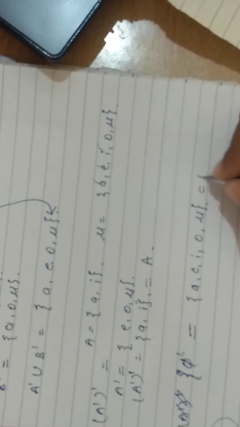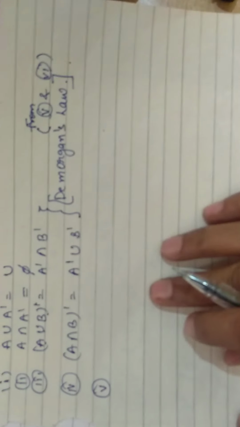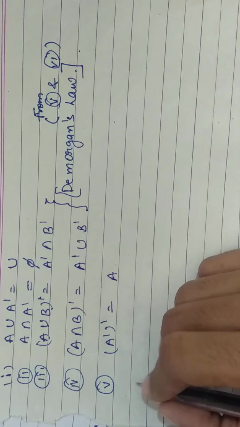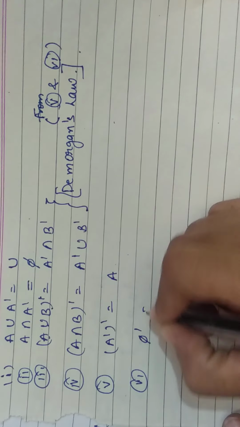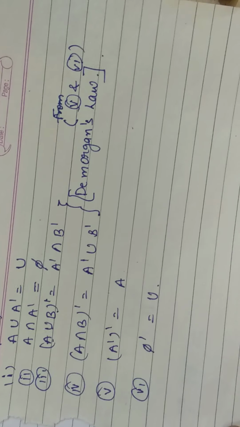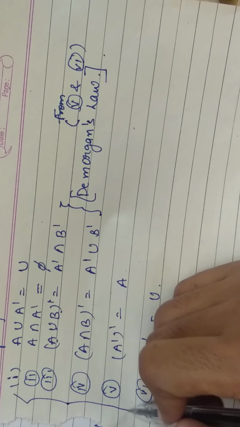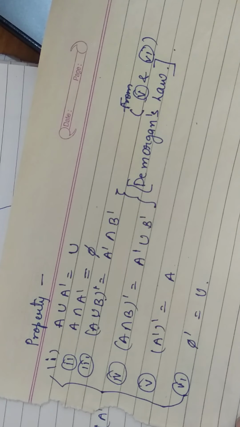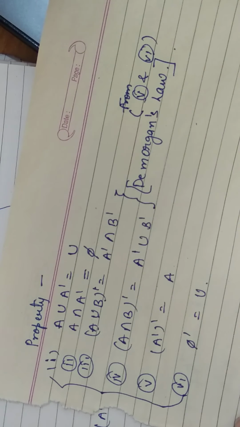A. And whenever we find phi's complement, then always we get U. So that is our last property, that phi complement is equal to U. So the fifth property is that the complement of complement of A is A, and the sixth property is that phi complement is always U. So these all are the properties which depend on the complement of a set. I hope it is clear to all of you.